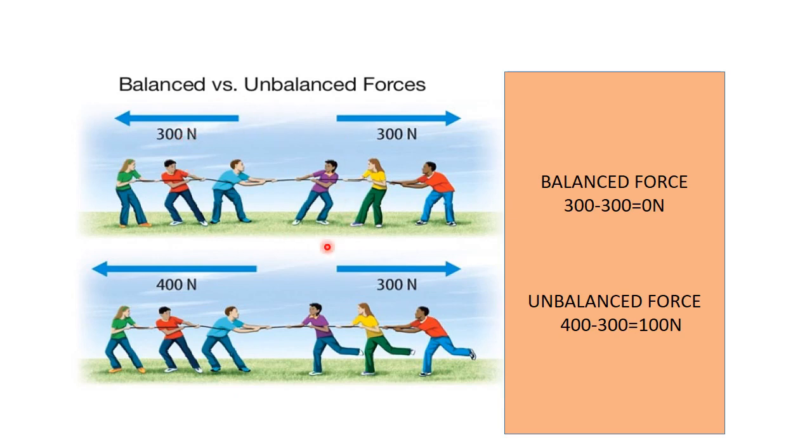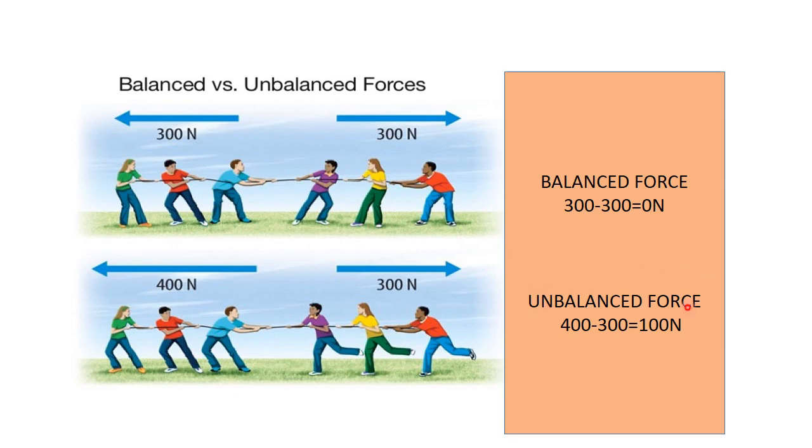So the resultant of these two forces is 0 Newton. Why? Because both forces are exerted in opposite directions. So the rope is balanced at 0 Newton, so there is no movement. If there is a balanced force, there is no motion.